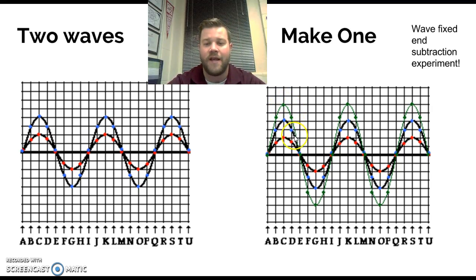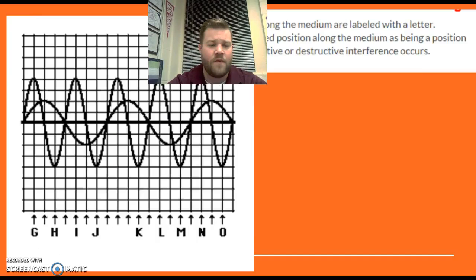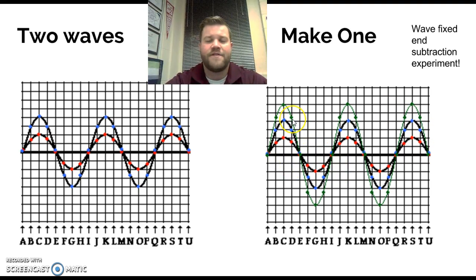So we can see how this wave is adding to itself constructively. The peaks are lining up and creating even larger amplitude peaks. So obviously this is an example of constructive wave interference.